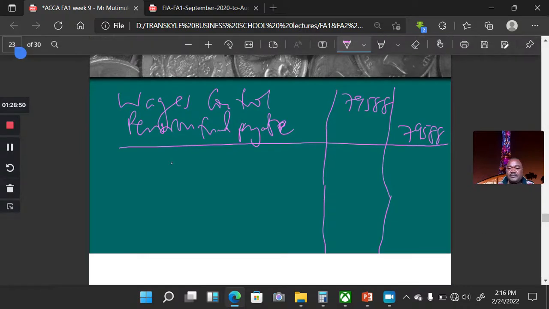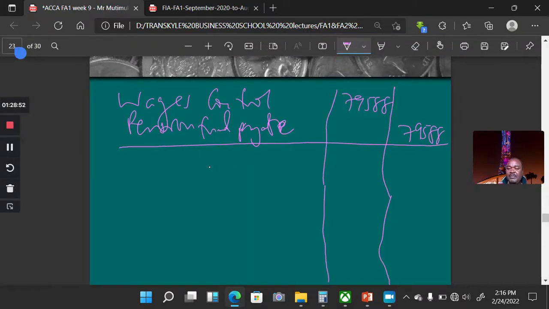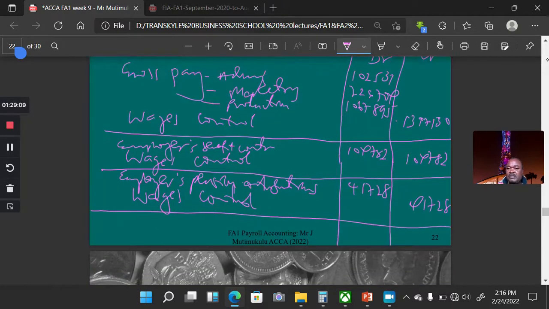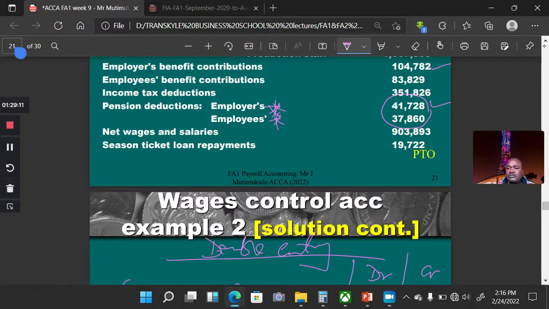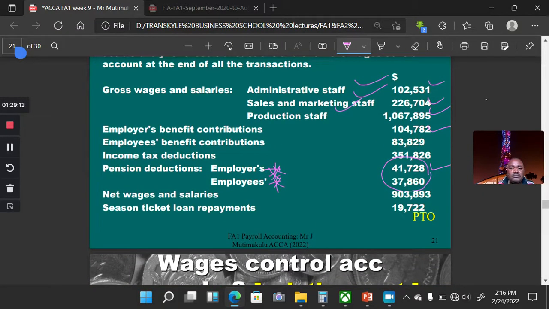Another payment that is to be made, we are going to debit the tax payable, the income tax payable.